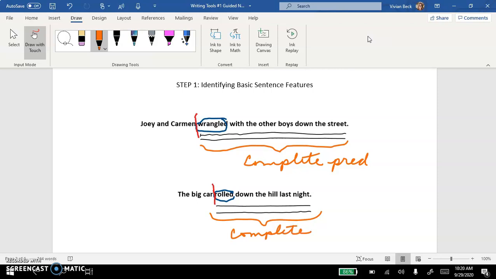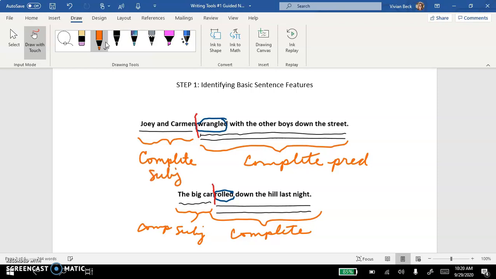Now, in front of that line, what we're going to do is underline everything that comes before it, every word that comes before it. This is our complete subject. This is the complete subject. Okay? So we're going to label these as such.